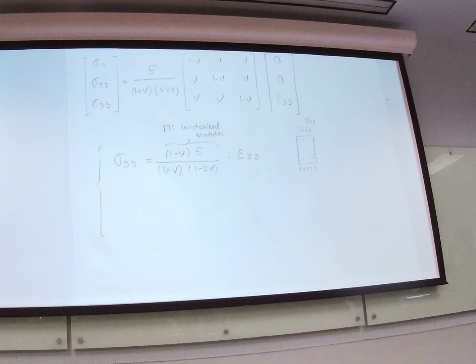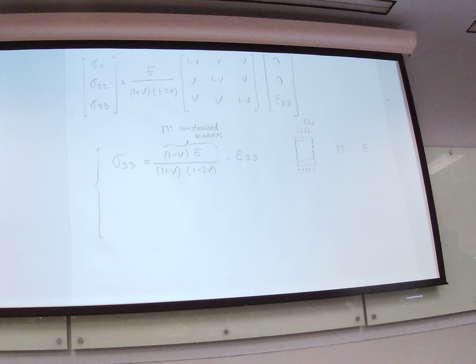Just try to make sense out of this without doing any numbers. Which one do you think is going to be bigger, M or E? E. Why is E going to be bigger than M? Because M is a fraction of E. Allows for more strain.